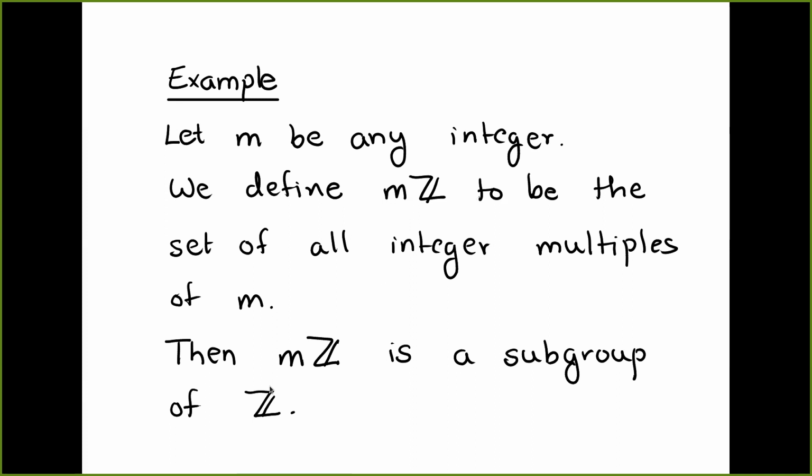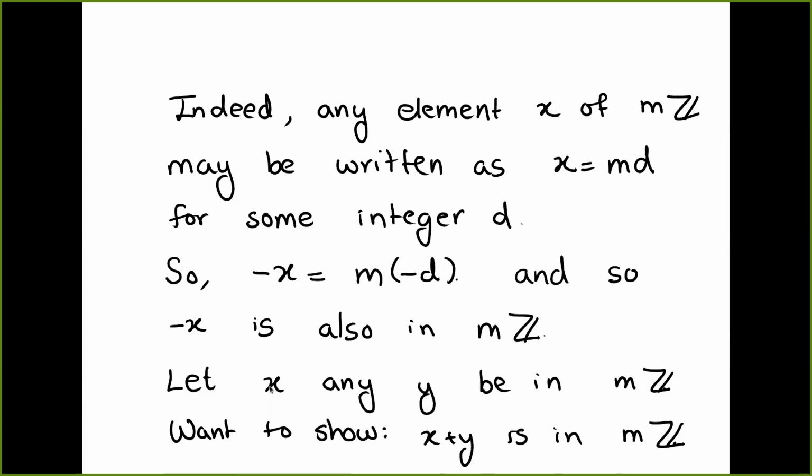This is actually very easy to see. Any element X of MZ can be written as M times D, where D is some integer. And so minus X is M times minus D, which is again a multiple of M. So the inverse of X is also in MZ. Now let X and Y be in MZ.